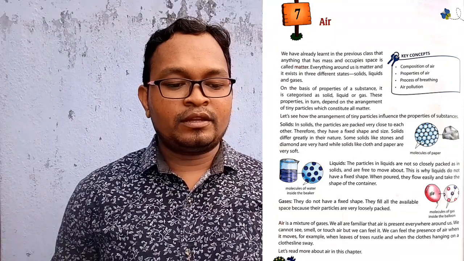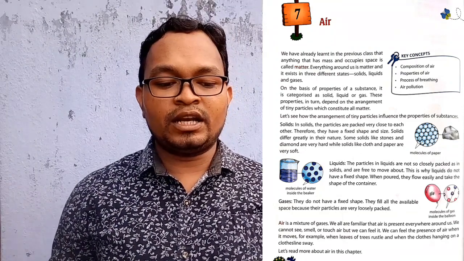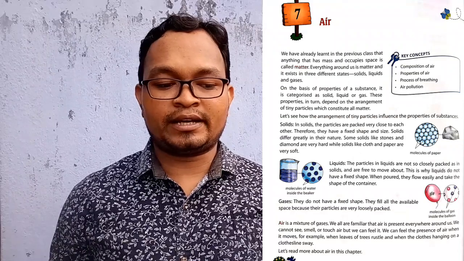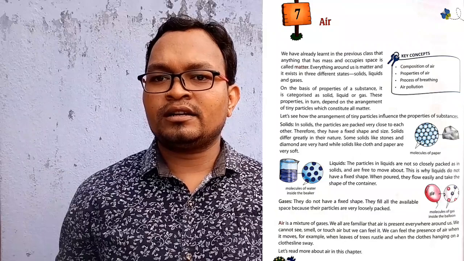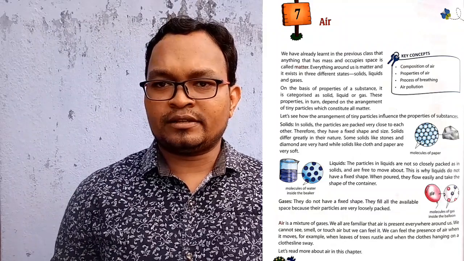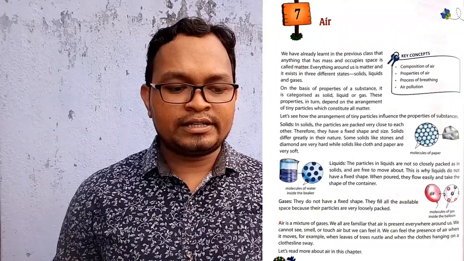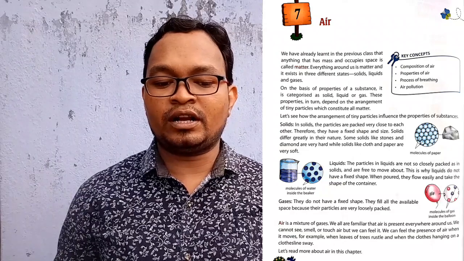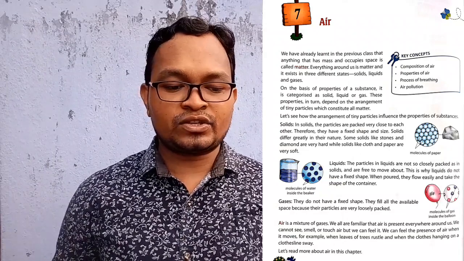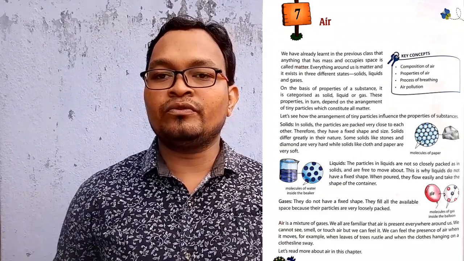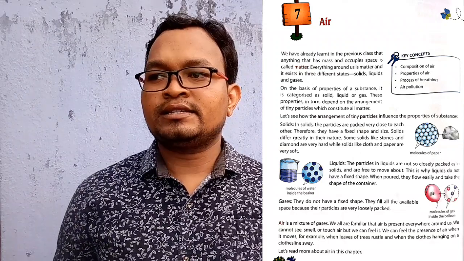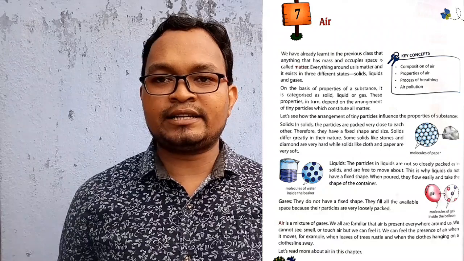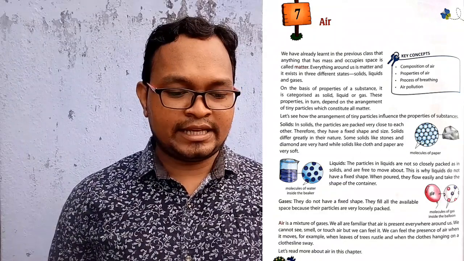Liquid. The particles in a liquid are not so closely packed as in a solid. We all know a solid is hard and we cannot press it. But particles in a liquid are not so closely packed as in a solid and are free to move around. If we pour water, we can easily see that whichever side it gets, it flows towards that side.